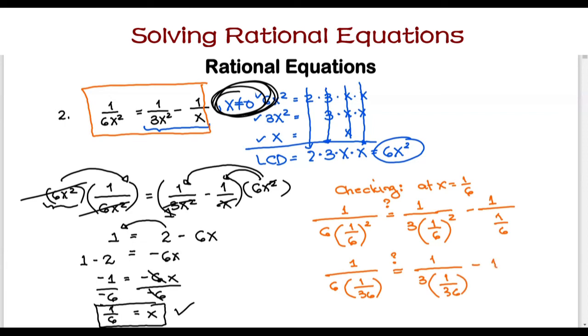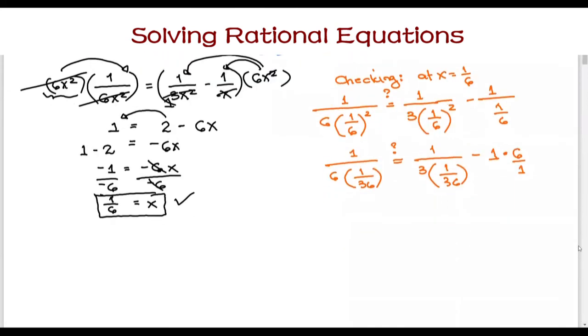Di ba ganito yon? Copy the numerator times the reciprocal of the denominator. Ano ba yung denominator? 1/6. Anong reciprocal niyan? 6 over 1. Continue natin. So here, pwede kong i-cancel yan. Magiging 6 ito.